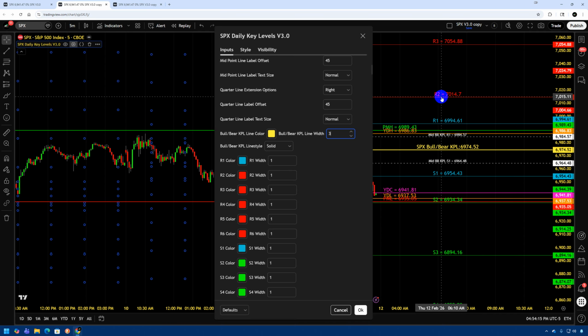Let's say instead of having R2 and R3 both be red, you could make a different color, or you could change the line style on R3 and the line width, just to make it easier to differentiate between R2 and R3. That's just the way that I do it. For me, it's just easier to discern.